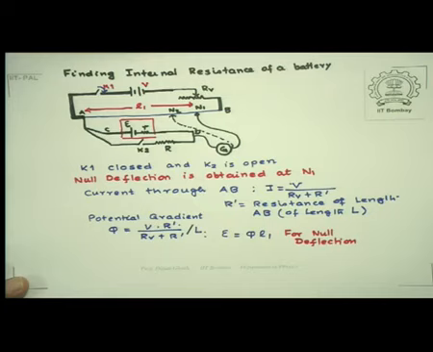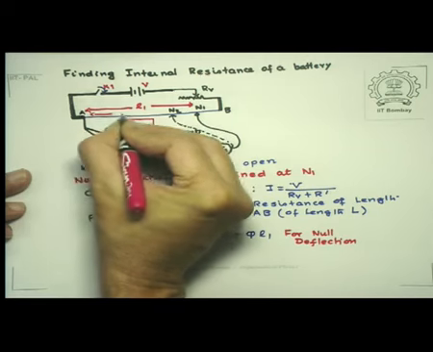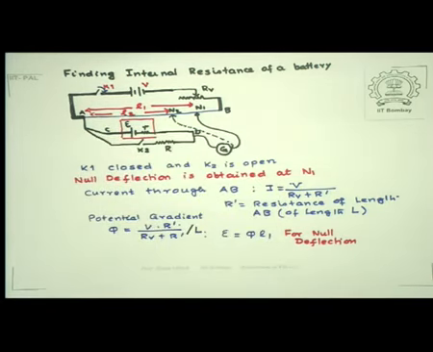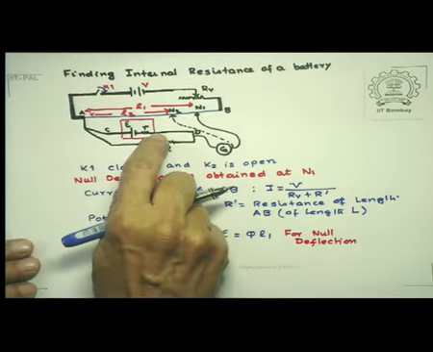Let's say that that length is L2. But this time when I receive a null deflection, because there is a current through this part of the circuit, it means that that current, which we will just now write down how much, will also give a drop across the internal resistance r.